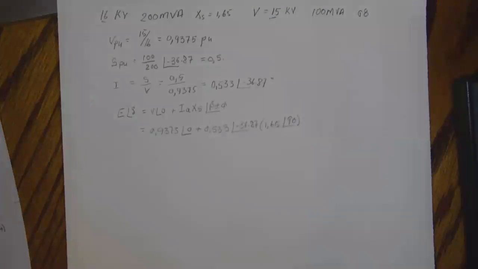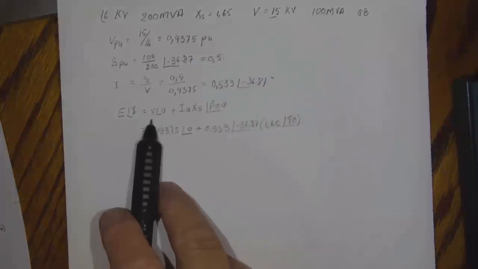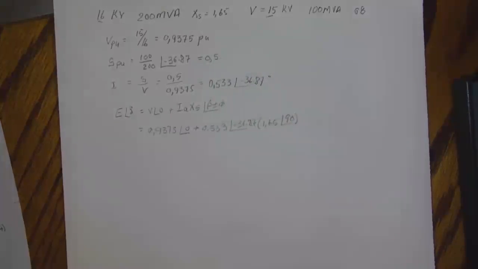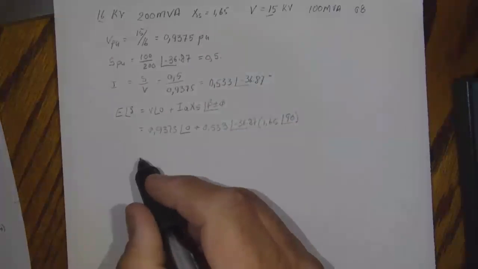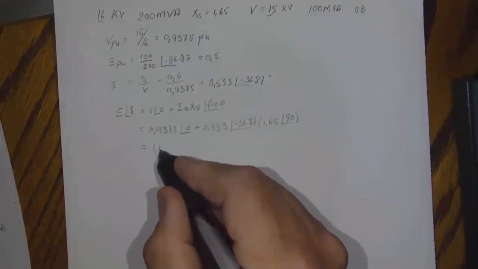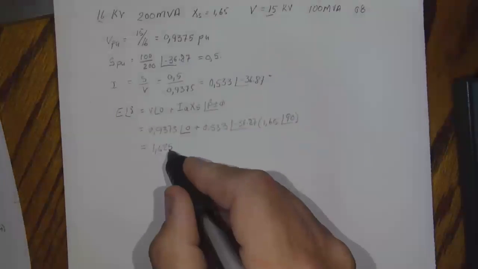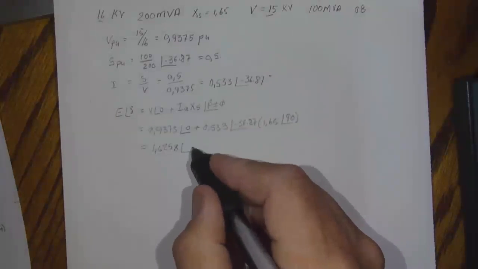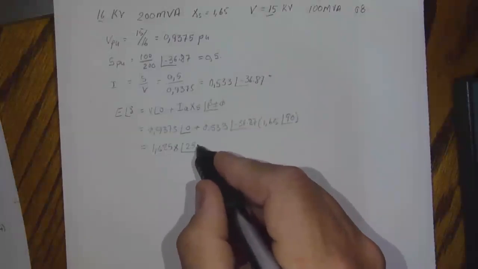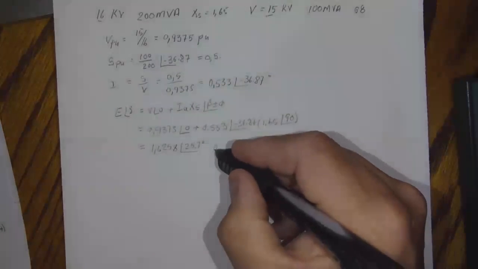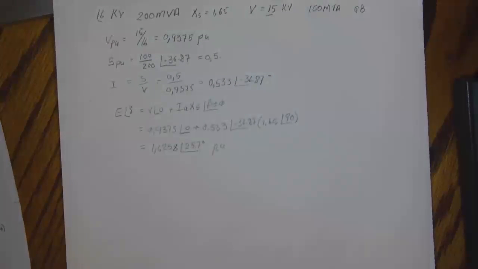You got that? Normally we say that E is equal to 1 plus IAXS, but because the voltage is now less, we just use that. And that gives us 1.6258 angle 25.7 degrees per unit. You happy with that?